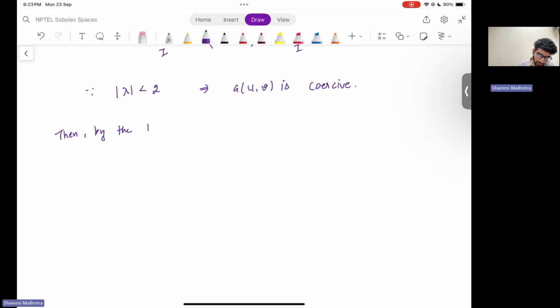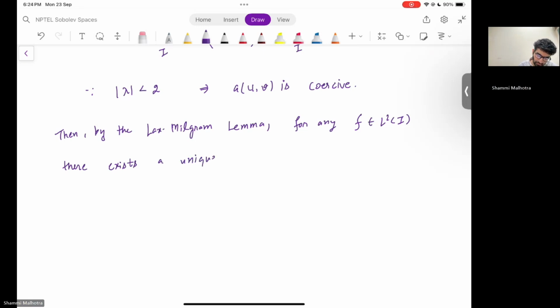So this gives coercivity, and once we have the coercivity, then by the Lax-Milgram lemma, for any f in L2(I), there exists a unique weak solution u of the following.